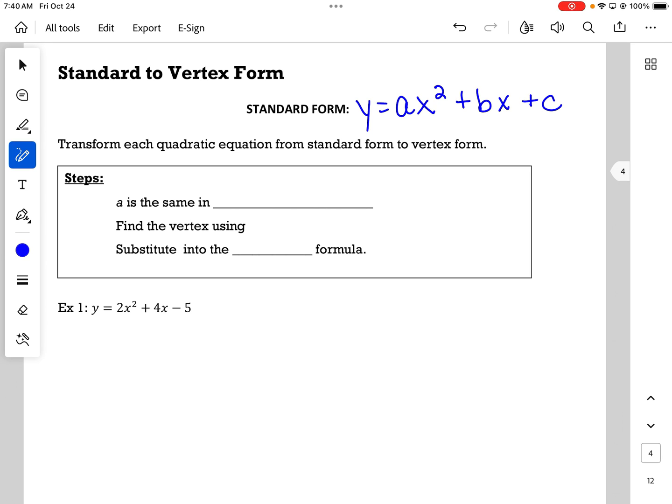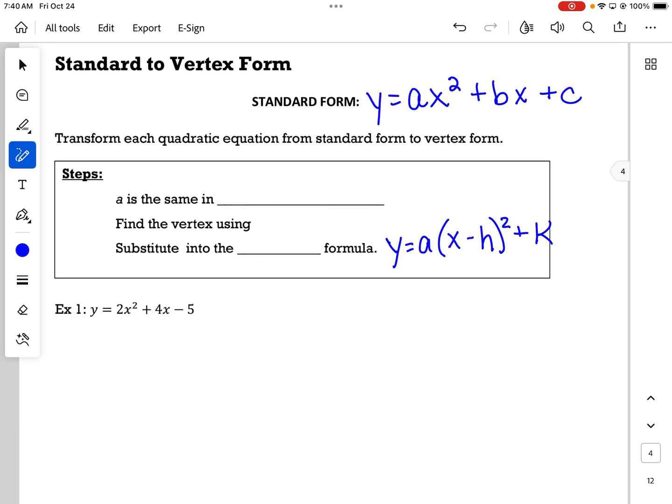And we want to put this into vertex form. So from standard to vertex form, we're going to write that here: y equals a, parentheses, x minus h squared, plus k. So that's our goal, to rewrite it into vertex form from standard form.